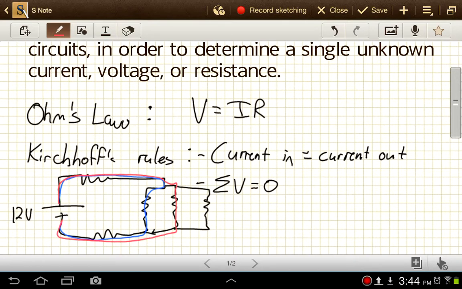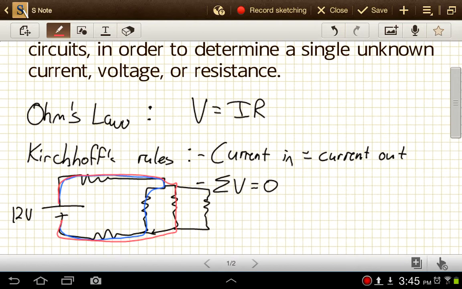Even though it's a different pathway, different resistors we're going through, we still have to have a total of 12 volts dropped, because here we have 12 volts increased. So if we don't drop as much as we increase, then basically we're creating energy, and we've made an infinite energy machine, which would be useful, but not possible.